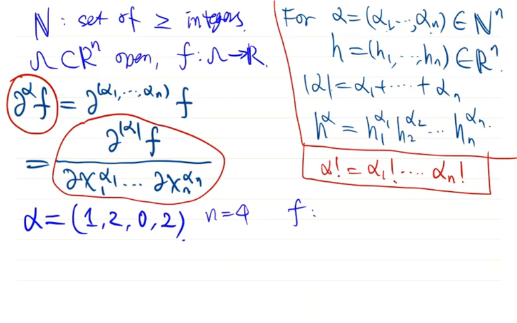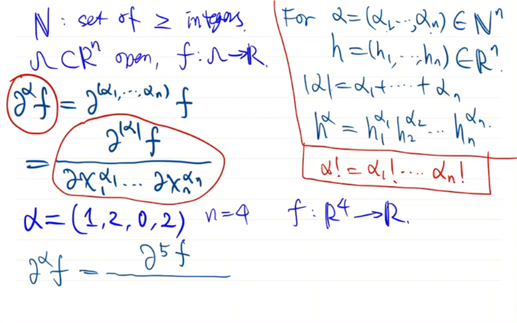For example, f is a function in R4. So what's the d alpha f? For this alpha, the total order of differentiation is the sum of the components of alpha, which is 1 plus 2 plus 0 plus 2, so it's 5.